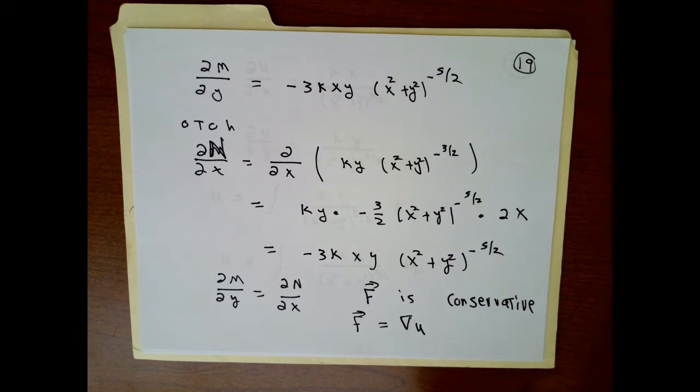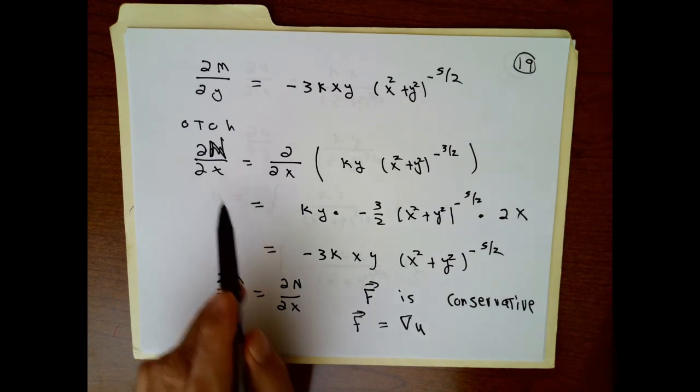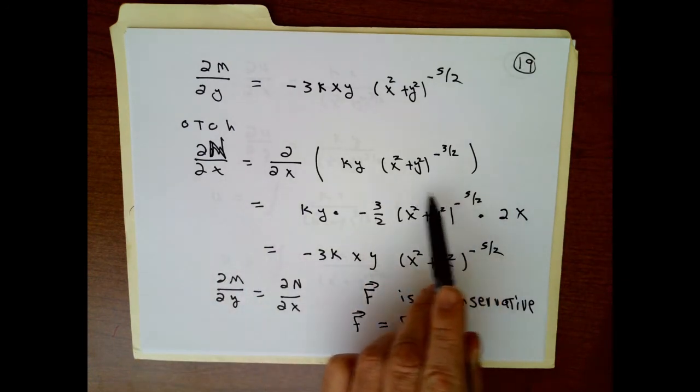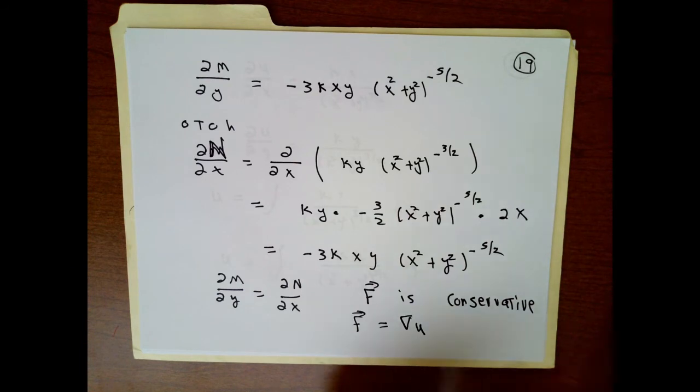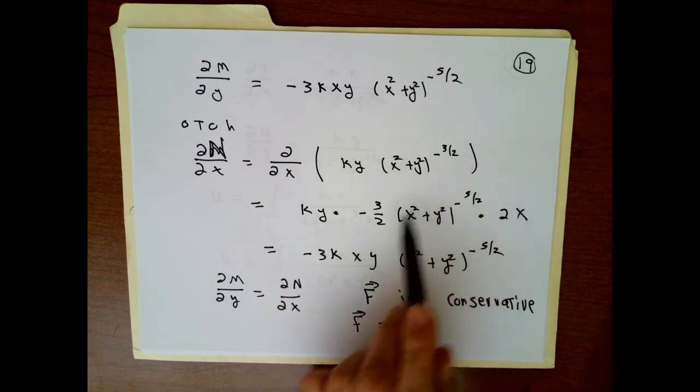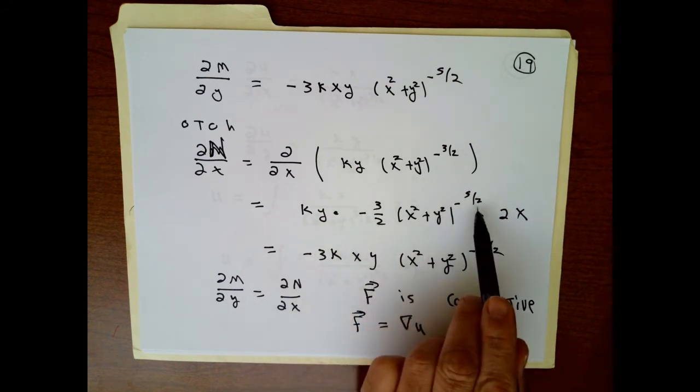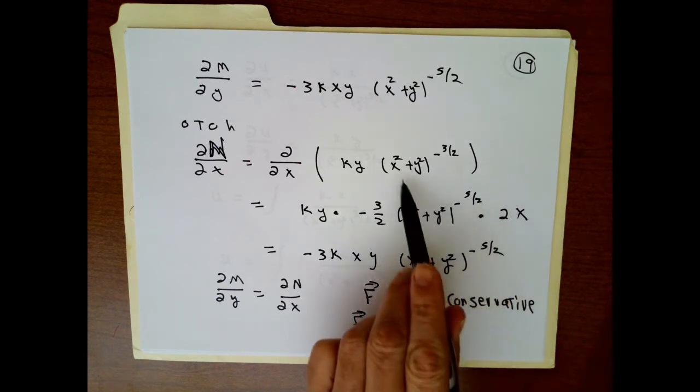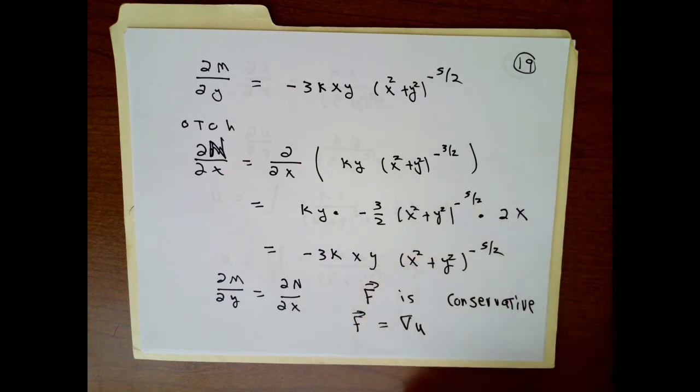On the other hand, if you look at the partial derivative of N with respect to x, write down what N is. In this context, x is the variable, so k times y is a constant. You can pull it out. Negative 3/2 times the negative 5/2 power of x squared plus y squared, but this time it's multiplied by the partial derivative with respect to x of x squared plus y squared.